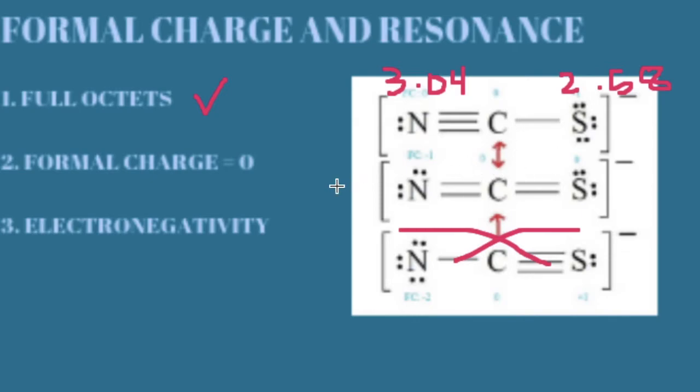And that leaves this middle structure to be the most ideal, because it checks all the boxes. It has full octets, it has the most atoms with no formal charge, and it has the negative formal charge on the most electronegative atom. And those are the 3 things that will lead you to figuring out which resonance structure is the best. I hope that cleared some things up for you. Thank you for watching.